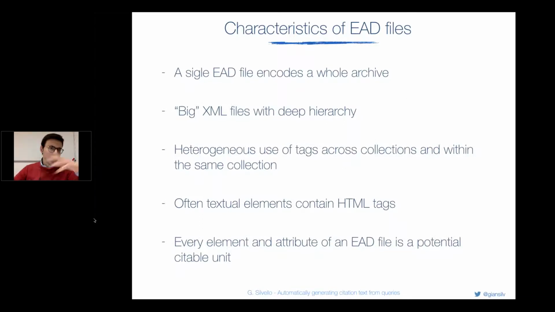And often we have textual elements within the XML elements containing HTML tags, so it's not very easy to process these files. And basically every element and attribute of the XML file we are dealing with is a potential citable unit. So we may need to cite every single attribute or element of an archive, right?